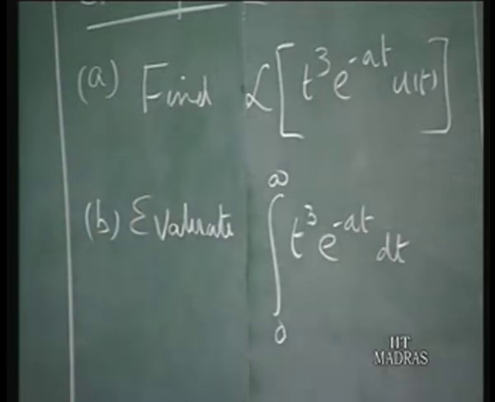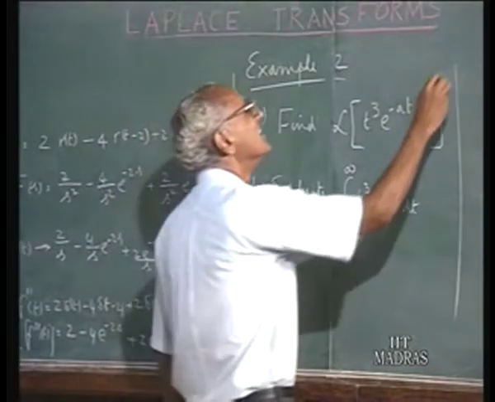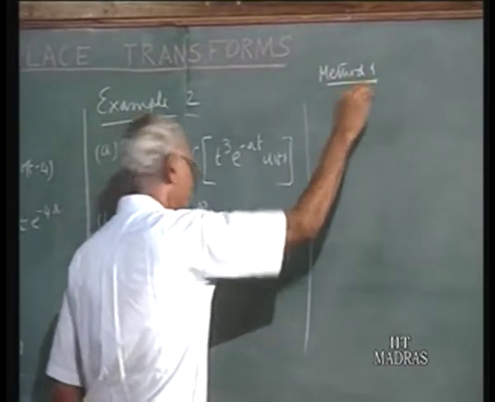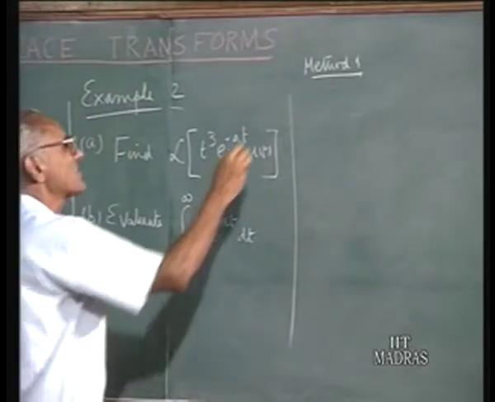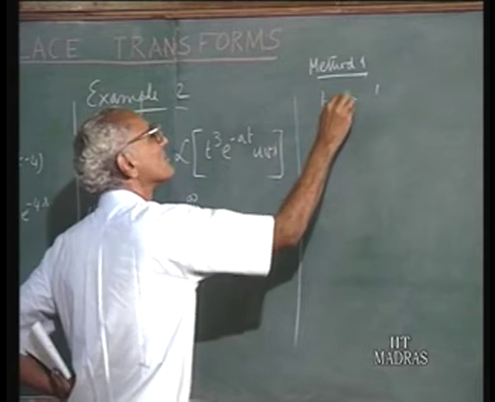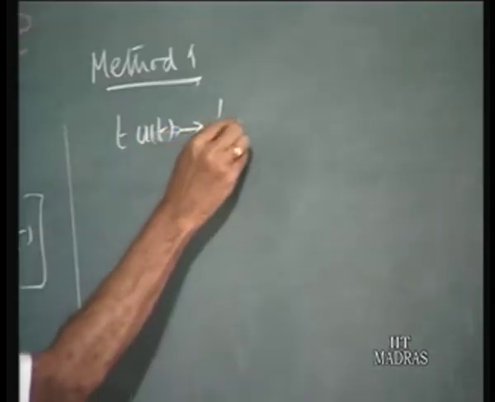Now, to find this out, let us say method 1. We start with the Laplace transform of t. We know t u(t) is 1 over s squared.